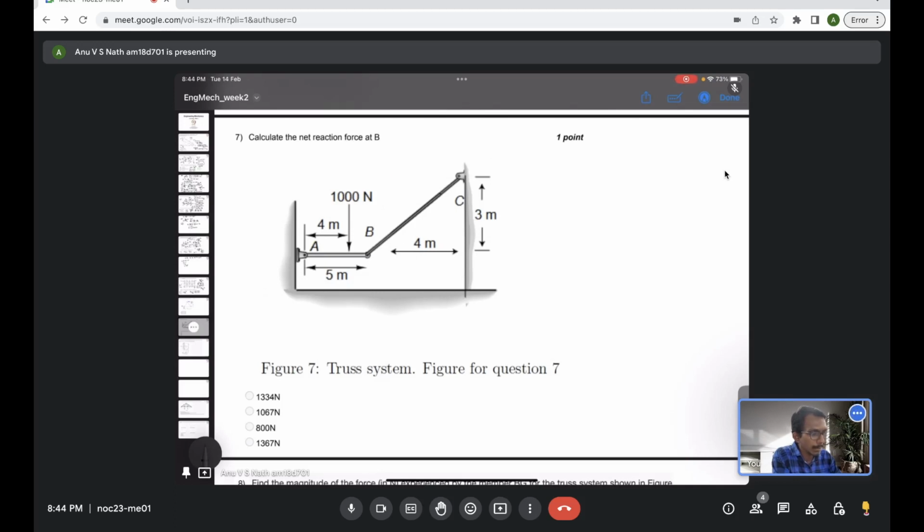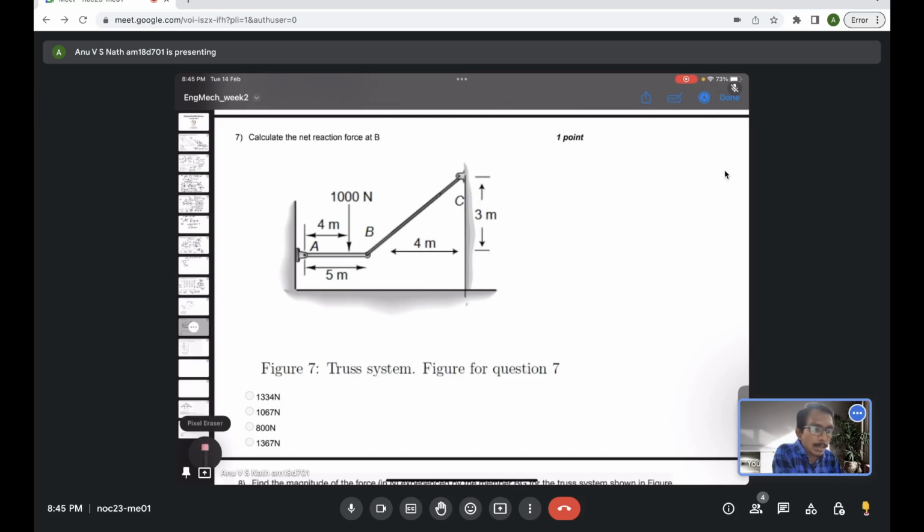So here you have joints A and C. You need to find the net reaction force at B. That's the question. From the question, you can see B is actually a joint, and you have to find what is the net reaction force at B. But usually when we consider a joint, it should be in equilibrium.